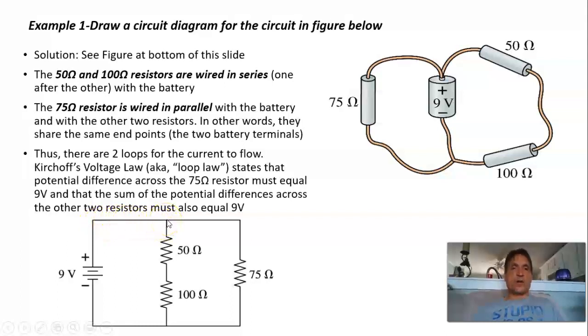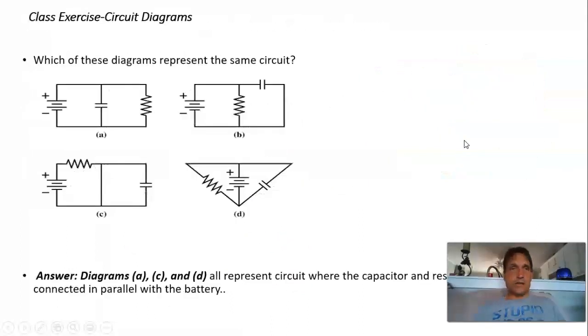It can either curve right here at the junction and go through these two resistors, or it can go straight and go through the 75 ohm, and then they both merge and they come back here, and the sum of the currents goes back to the negative terminal. So we'll get into analyzing this in a minute, but this is the circuit diagram for this circuit.